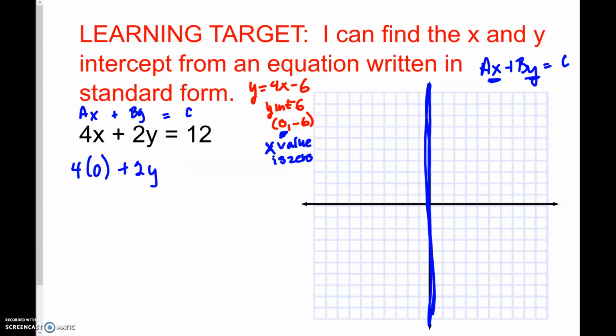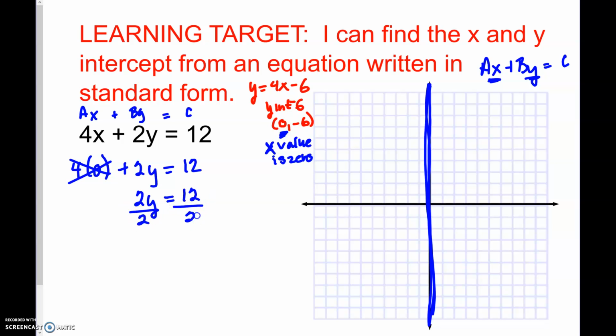And then what I'm going to do is solve for y. Because you see, now that I put a 0 in here, 4 times 0 is 0. So doesn't this just disappear? And you're left with 2y equals 12. And now to move that 2 away from the y, that says 2 times y. So the opposite of times is divide.